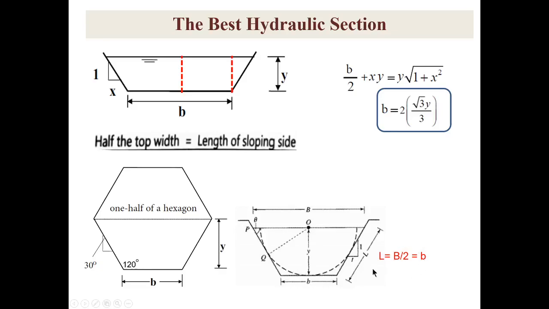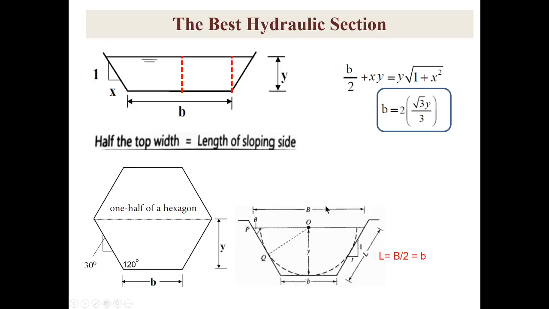And again, here I repeated that the length of the side equals half of the top width. And when both conditions are the same, you will see that this length will be equal to the bottom width also.